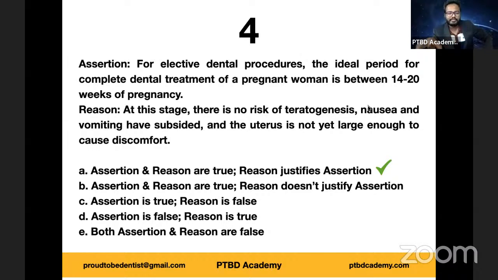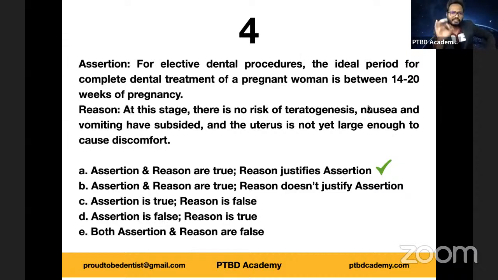So if there is gravid uterus compressing your inferior vena cava in third trimester, we call it as inferior vena cava compression syndrome or supine hypotensive syndrome, as you're all familiar with. Because of lying down position in a dental chair, because of large or gravid uterus compressing the inferior vena cava in supine position, the venous return to heart decreases, leading to hypotension, which is called supine hypotensive period.